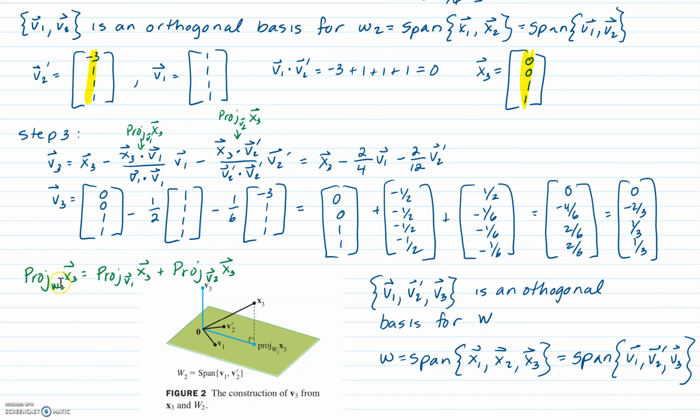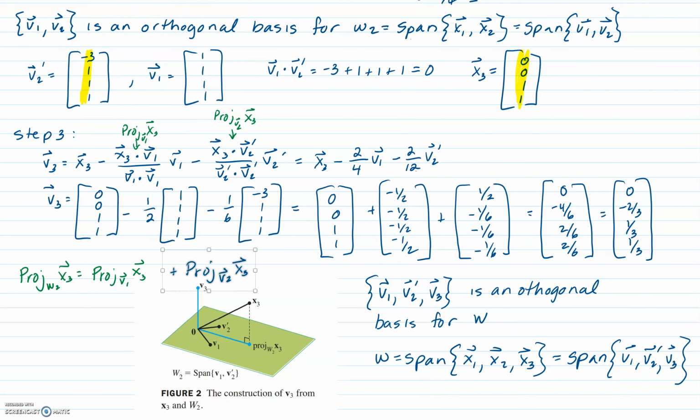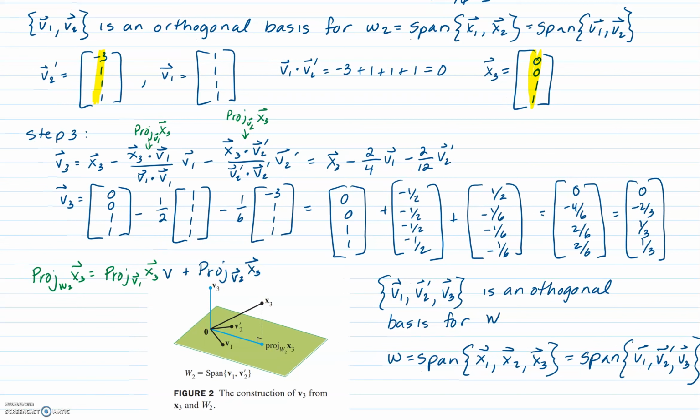In other words, the projection onto W2 of x3 is the projection of x3 onto v1 added to the projection of x3 onto v2 prime. So we're going to subtract that whole quantity.